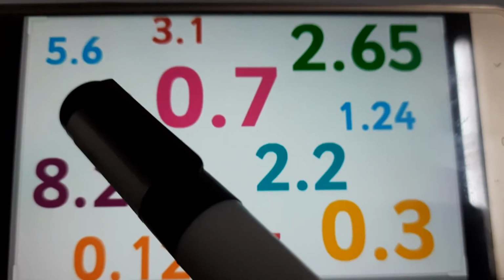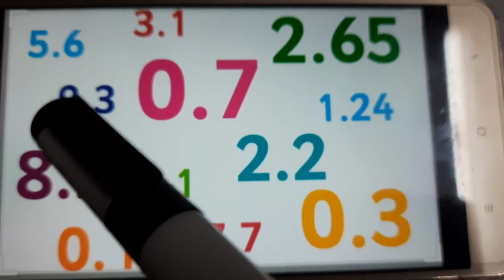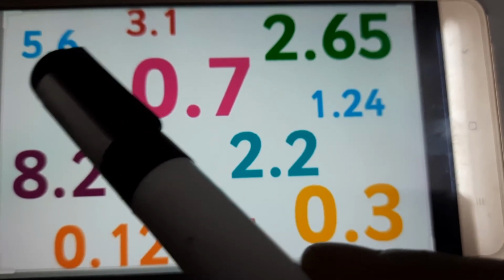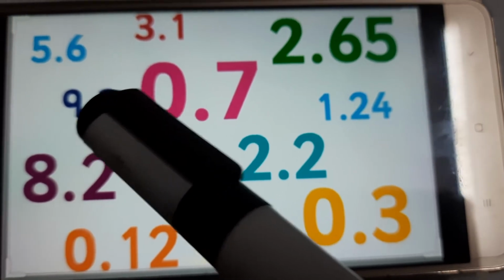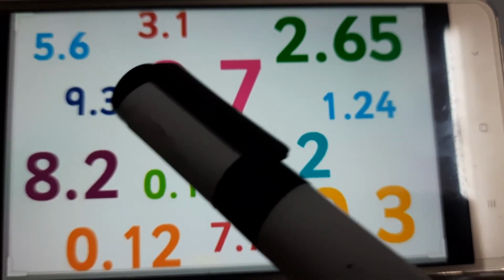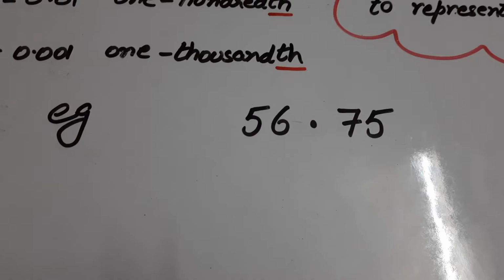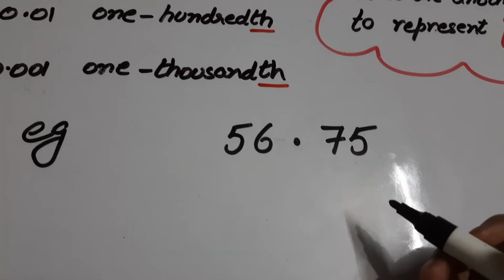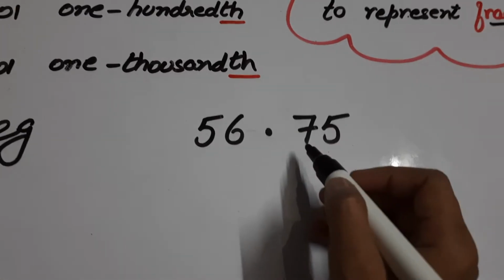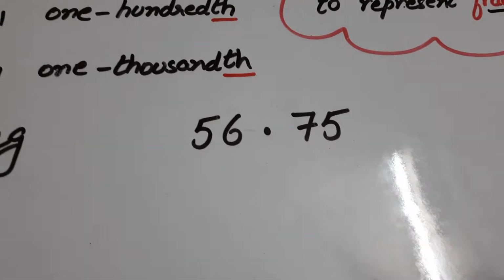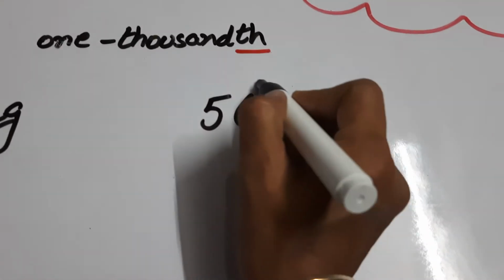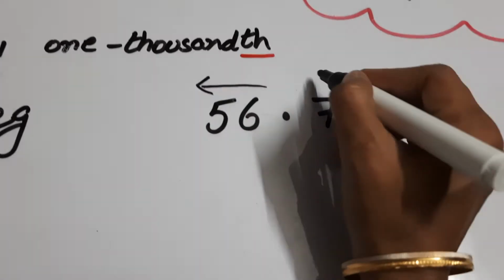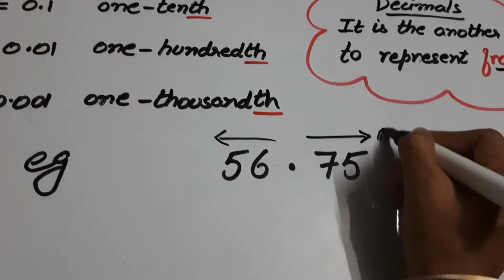Dear students, the number lying on the left hand side of the decimal is taken as the whole number, and the right hand side of the decimal represents the decimal part, meaning the fraction part, right? For example, if I take a decimal number 56.75, this is the left hand side of the decimal, and this is the right hand side.